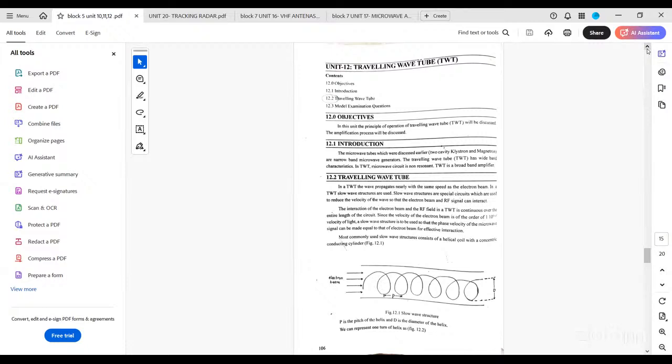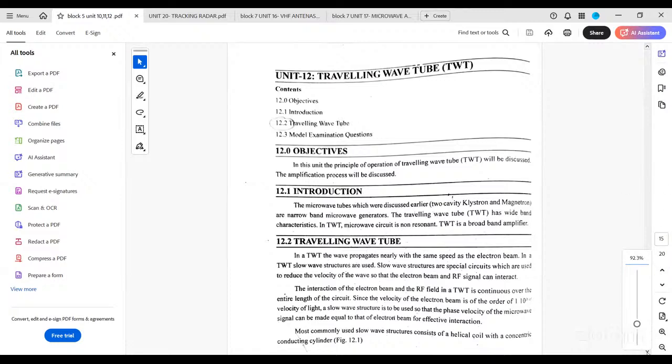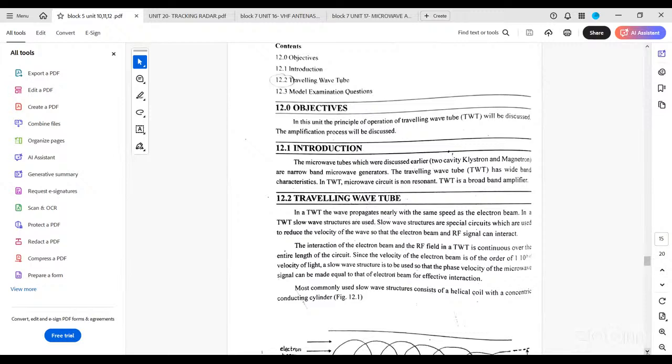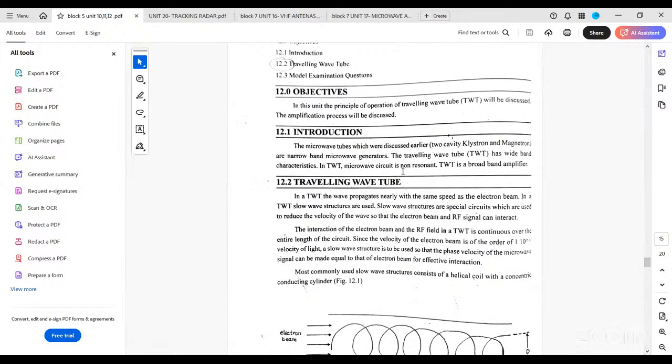See the first paragraph, what is given? In traveling wave tube, the wave propagates with nearly the same speed as the electron beam after slowing down. After slowing down. TWT is used for slow wave structures.